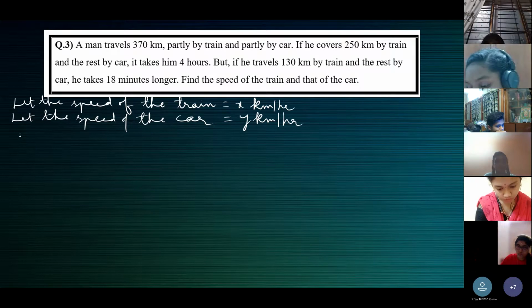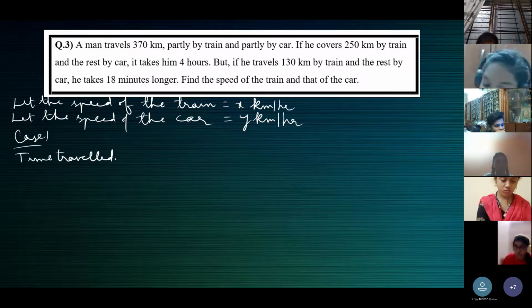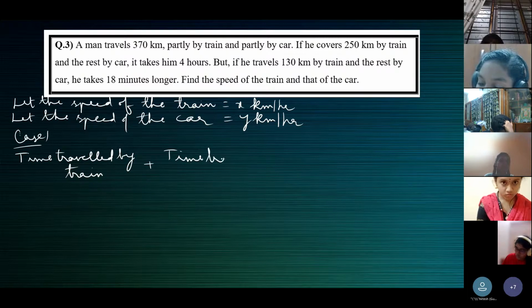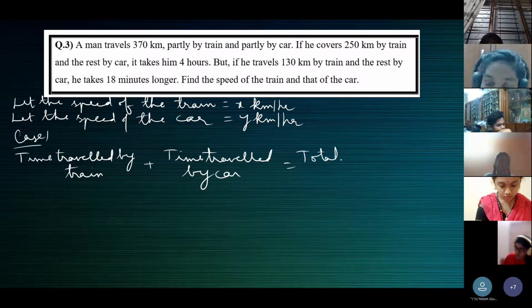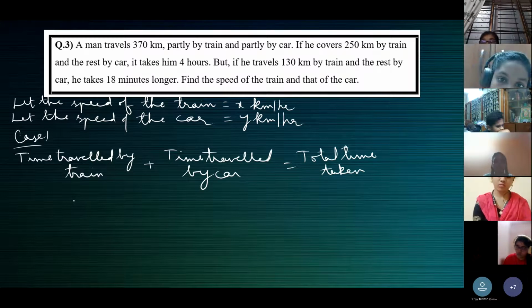Now case one is time traveled by train plus time traveled by car is equal to the total time taken. When I write, please look at the screen. Please look at your screen.